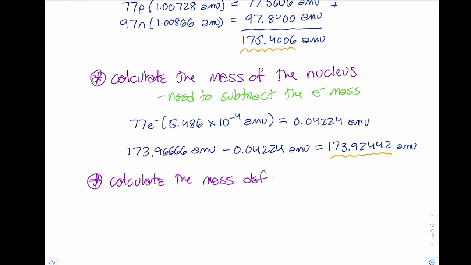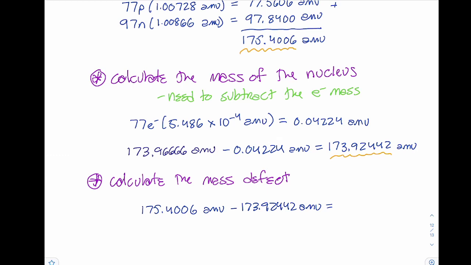Meaning we're just going to subtract those numbers. So the mass of my nucleons, 175.4006 atomic mass units, minus 173.92442 atomic mass units. So grabbing my calculator again.